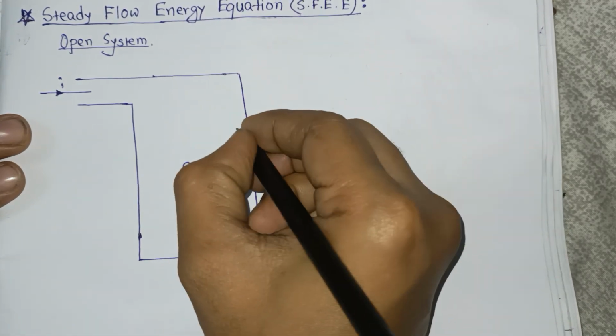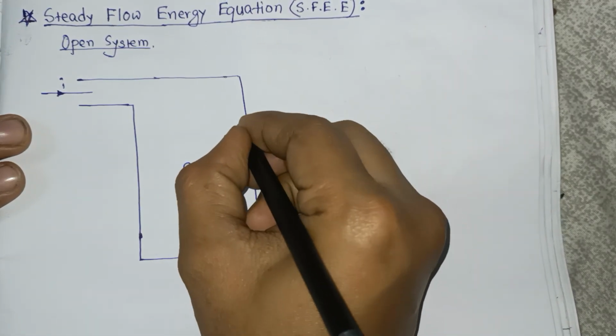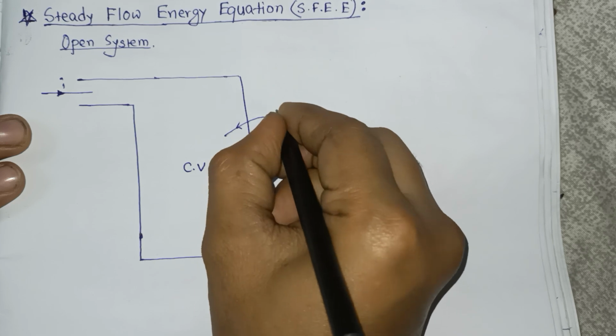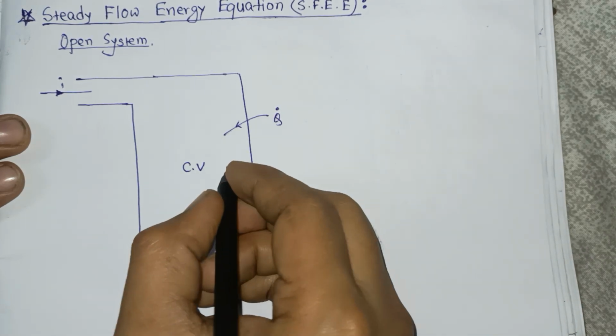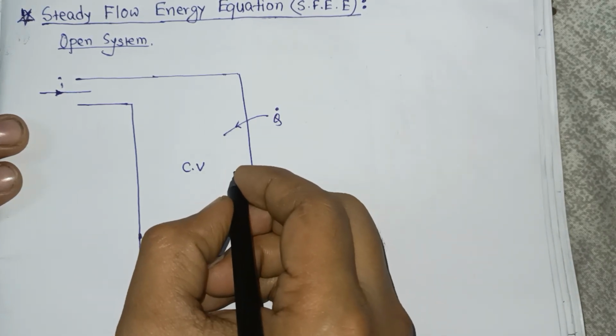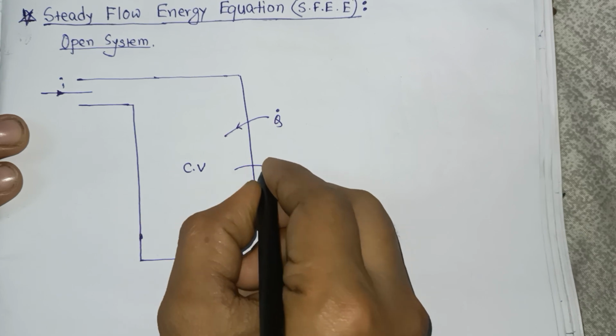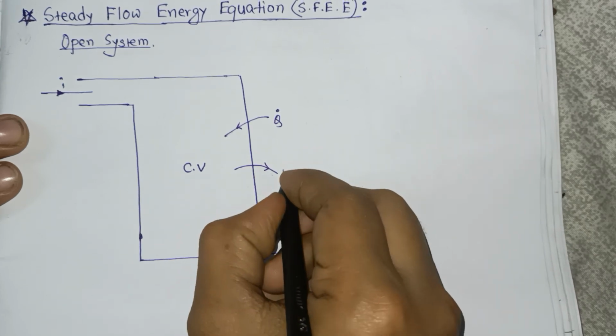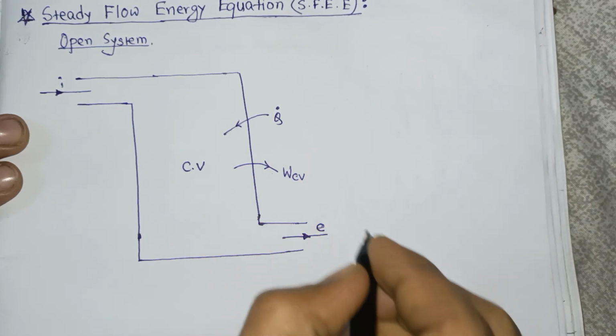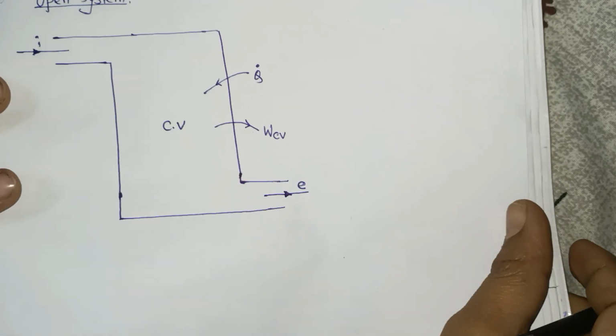Heat is entering the system, that is Q dot, the heat transfer rate, and work is done by the system, that is W of control volume, WCV.